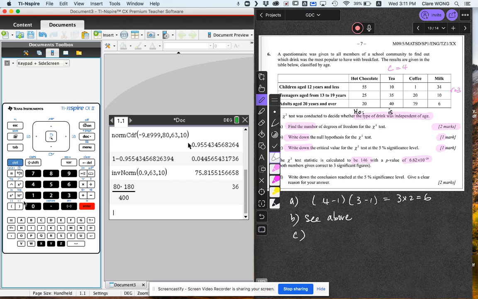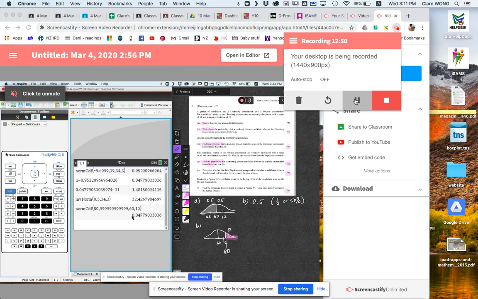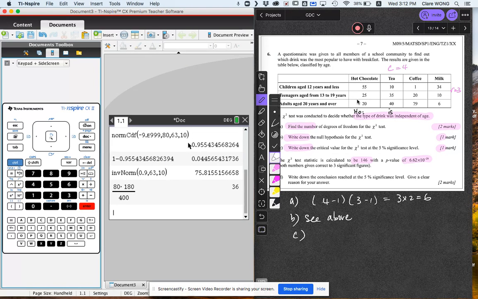Part C, write down the critical value. Now this, with the degrees of freedom being 6 and the significance level being 5%, usually we go to the table. Well, for me. But now I'm going to look it up from the marking scheme. Right, I found it.